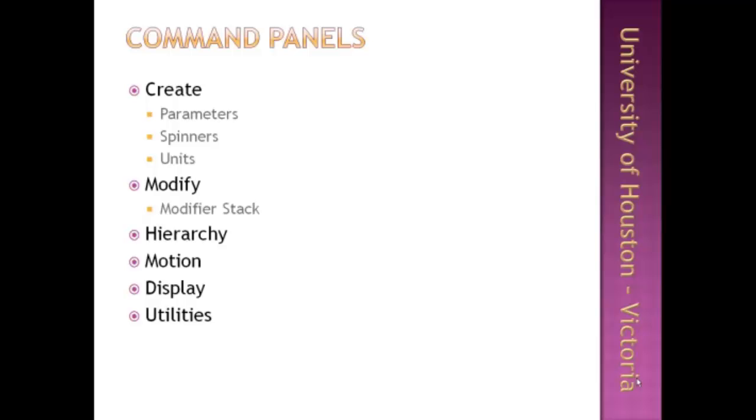So the create panel essentially is used to create objects, and you can click on the different buttons to choose the geometry of the objects that you are creating, and I'll show you the options that you have.